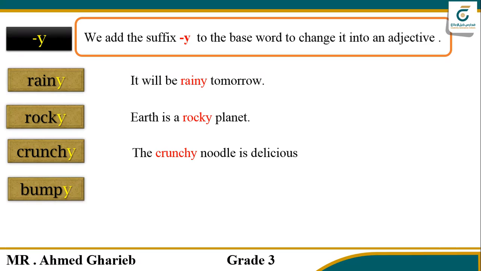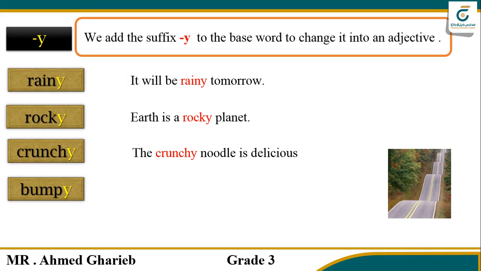If we describe a road with the adjective bumpy, it means this road is rough, not smooth, or not even. Okay? Look at this illustration. That's a bumpy road. Be careful when you ride on a bumpy road, okay? Because you might have an accident.